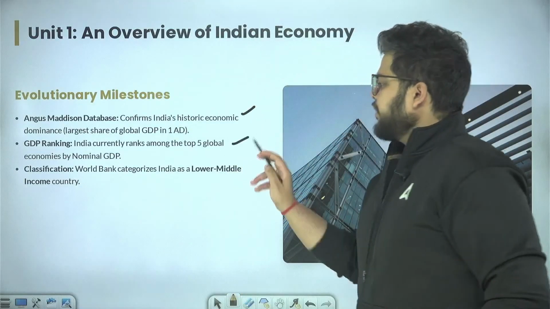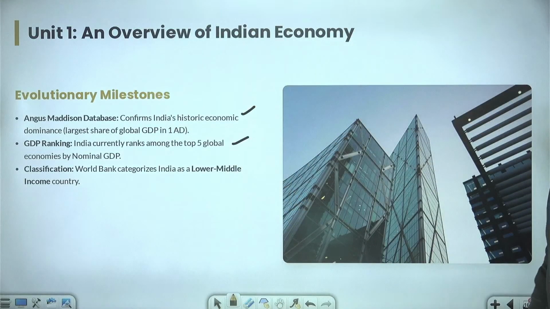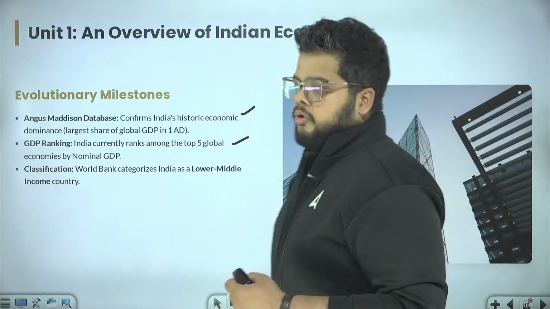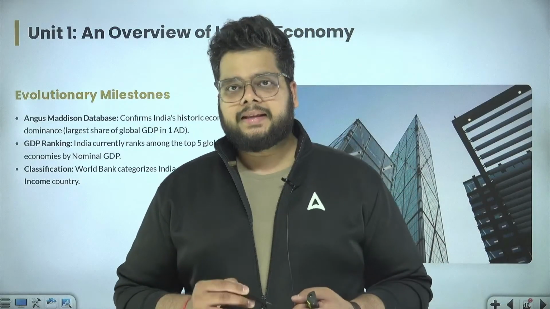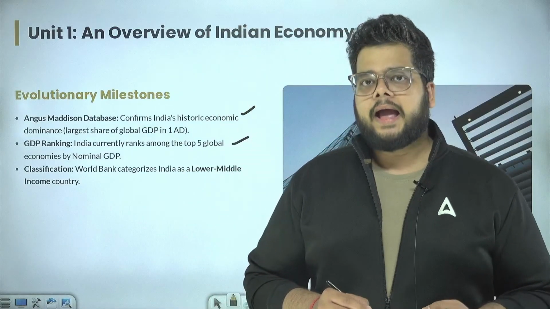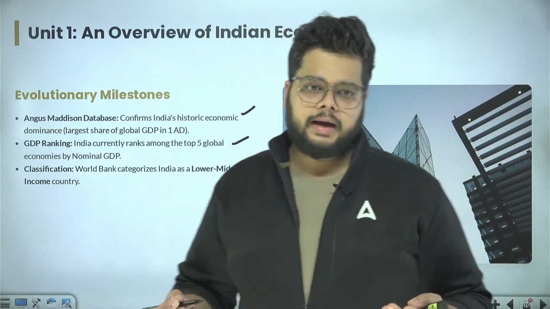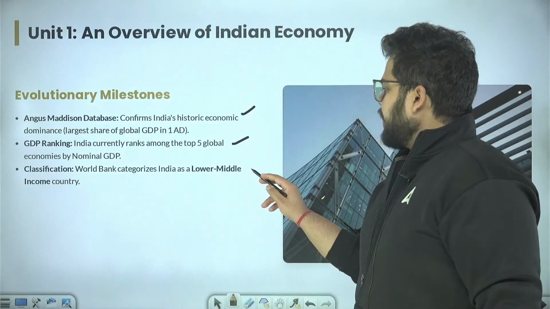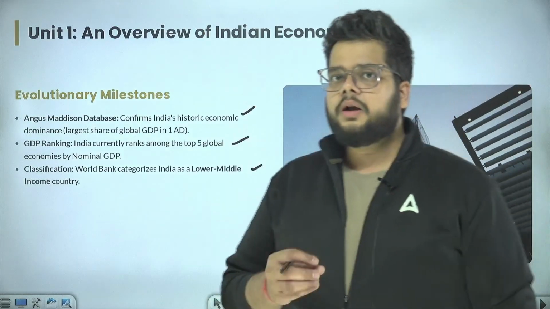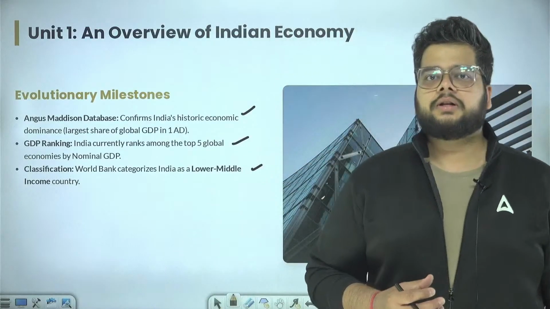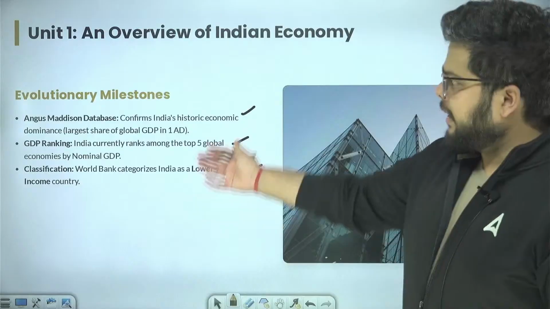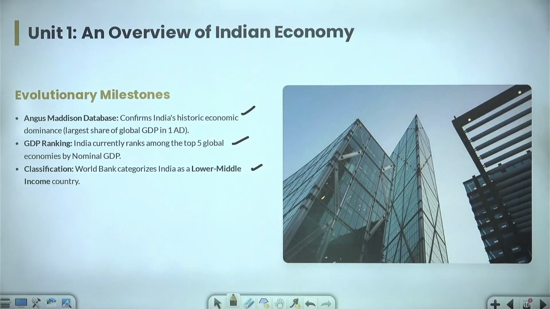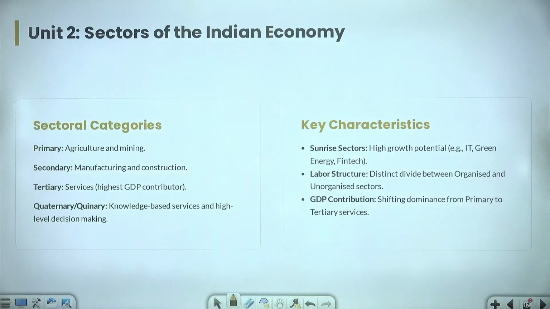Then we have the GDP rankings, meaning all those important GDP rankings, be it published by the RBI, the World Bank, IMF, or the Government of India. Next is the World Bank's classification of various countries depending upon per capita income. That is also very important. So, 3 important topics for unit number 1.